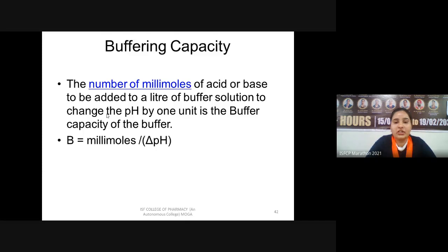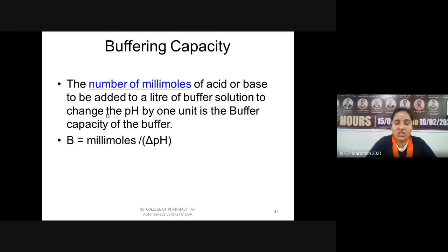Buffering capacity is the number of millimoles of acid or base that needs to be added to a liter of a buffer solution to change the pH by 1 unit. So how many millimoles of acid or base must be added to 1 liter of the buffer solution so that the pH changes by 1 unit? This is known as the buffer capacity.